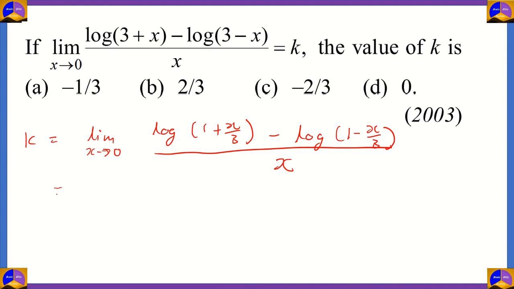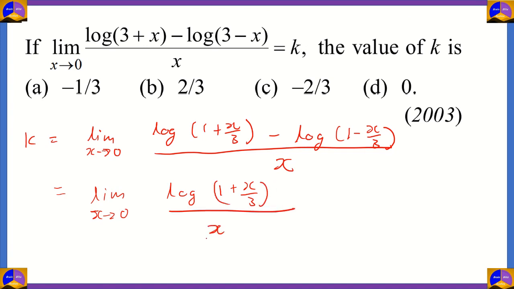Now what we do is we write this limit as limit x tends to 0, log 1 plus x by 3, whole divided by, instead of x, we will write x by 3 into 3, because multiplying and dividing by 3 will give you the same x, but then we can tweak this out later on. And then let's take plus.